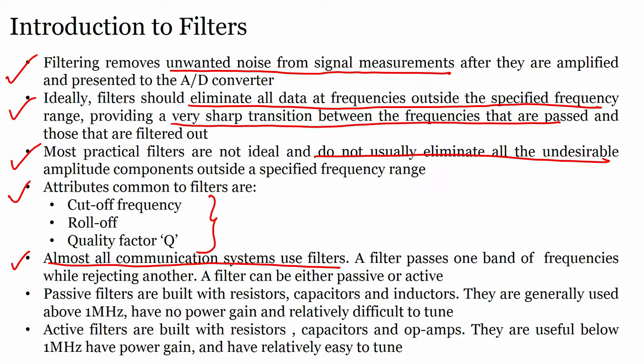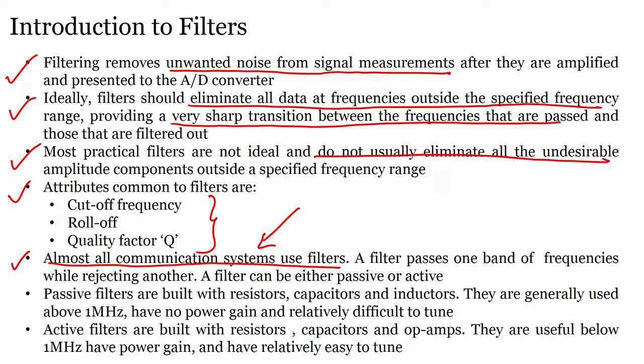You can also do a similar thing by adjusting your CMRR, alright. So, anyway, coming back to filters, the main application of filters is in communication systems. Almost all communication systems use filters.